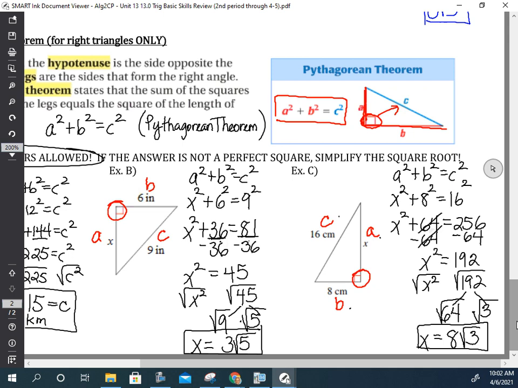And all the things that we did yesterday and today are basic skills that you need so that you can do well in Trig.